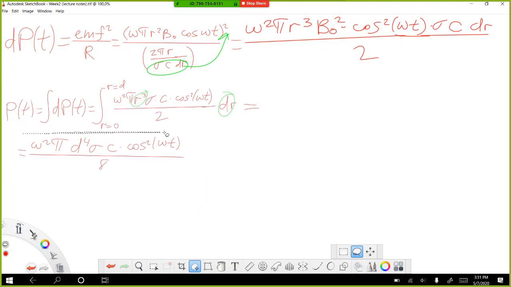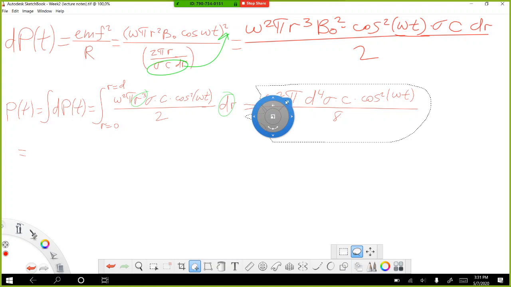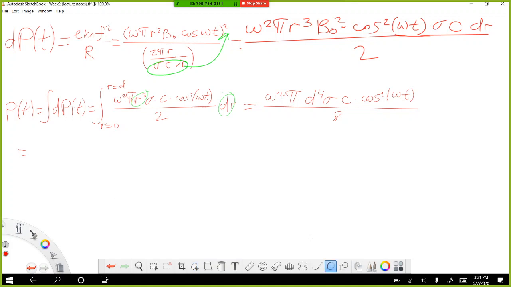Okay, let me move this also here. Now, if we put in the numeric values, our power will be equal to omega squared.